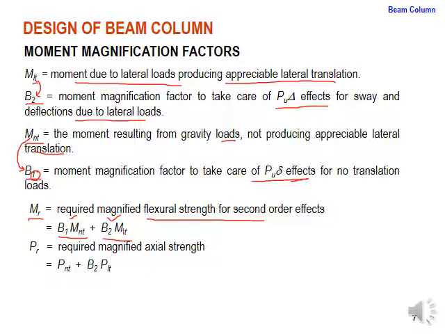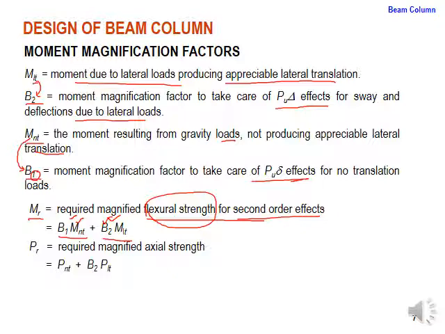So whatever moments you get for the no sway condition need to be multiplied with B1 to get the second order effect, to magnify the moments, and MLT needs to be multiplied with B2 to magnify the moments. So the magnified flexural strength for the second order effect we can get very easily.